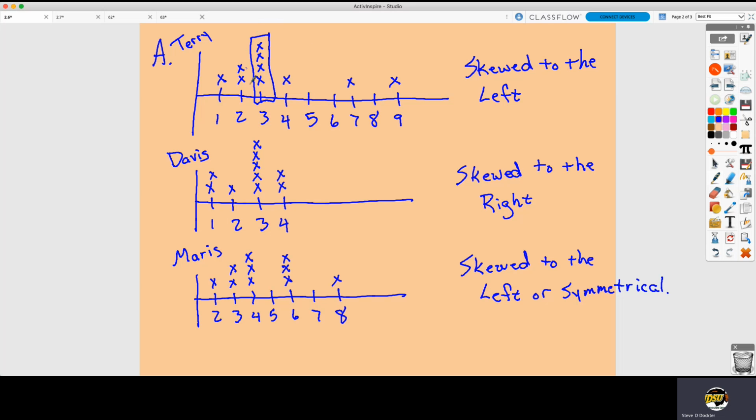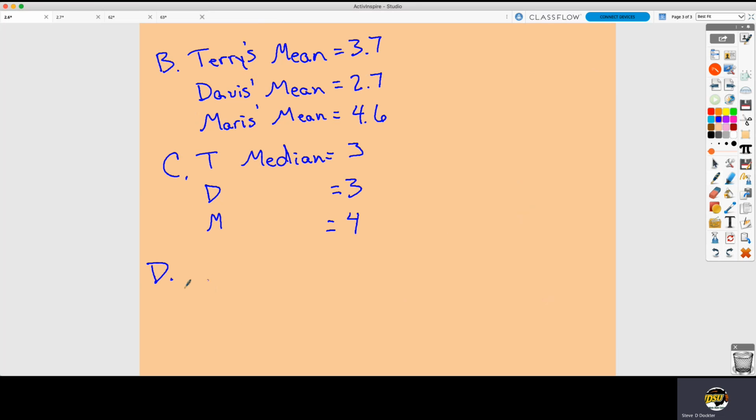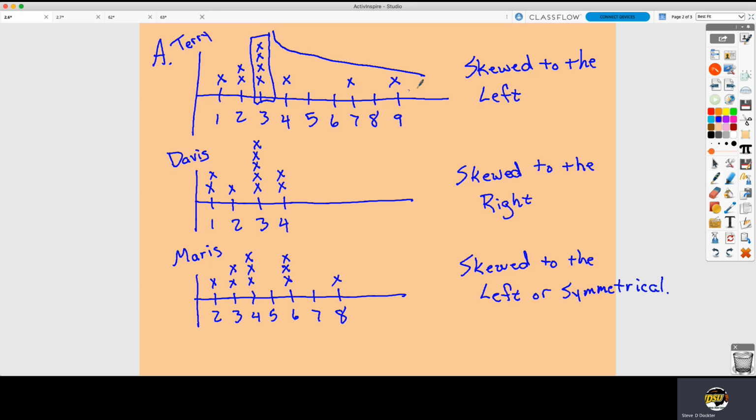It seems accurate, like the middle seems accurate. Okay, the only problem with this one is that it really tails off here to get these last 2 in. So the only thing that I would say about the shape is that for Terry's, the mean is affected more because of these two numbers out here at the end.